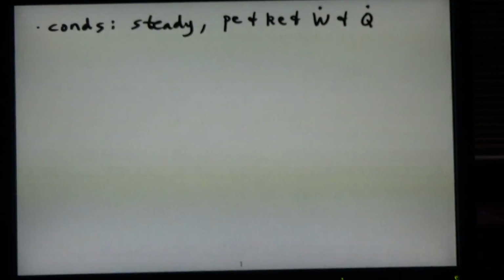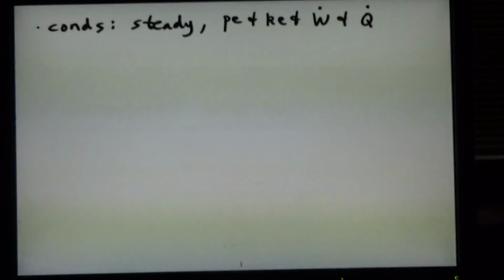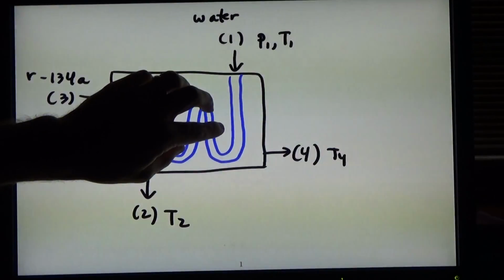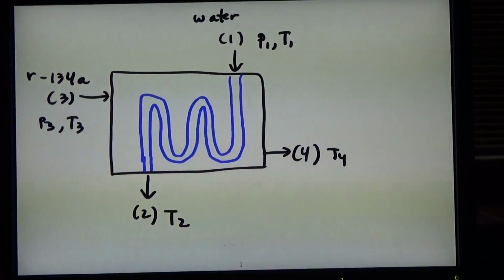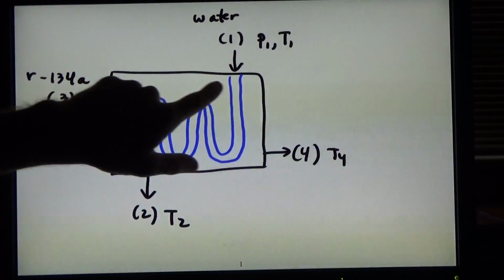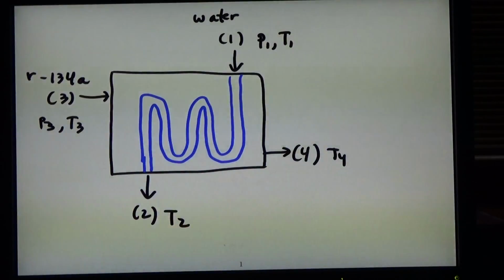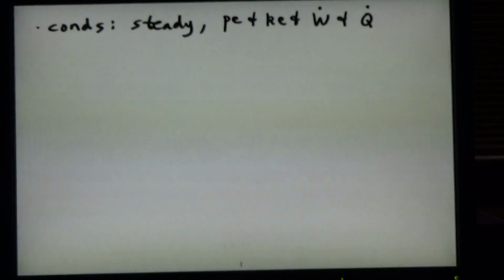Remember, the heat transfer for the heat exchanger, this capital Q dot, is the heat exchange between the inside of the system and the surroundings. So all of the heat is transferred within the system boundaries, so there's no heat transfer between the inside and the surroundings. That makes the heat transfer between the heat exchanger and the surroundings 0. So all of these are negligible.